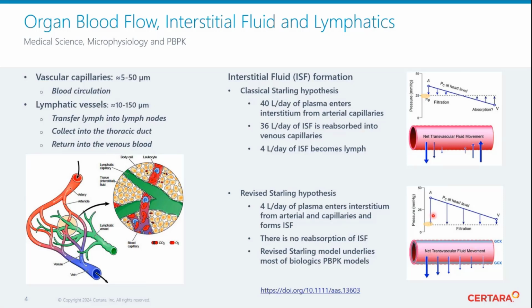Although probably there is a bit more flow from the arterial side, there is also some flow in the venous side. So in this context, there is only about 4 liters which enters interstitium. But here we go. And that's the format that pretty much each and every single biologic PBPK is following, although I have seen one where this scheme was also applied, but that was the only exception to the rule.